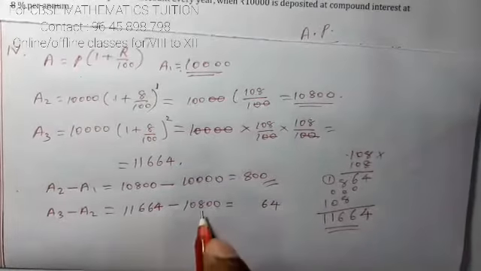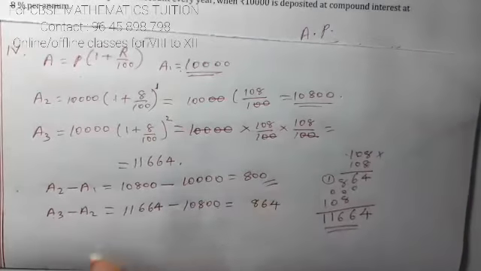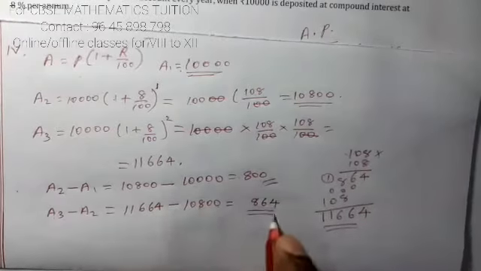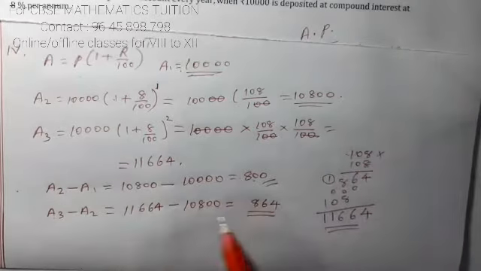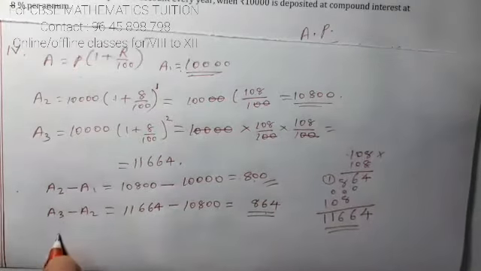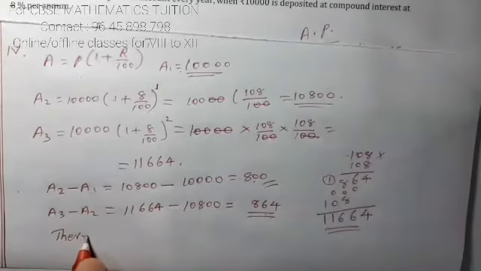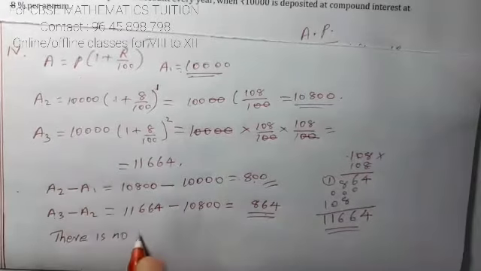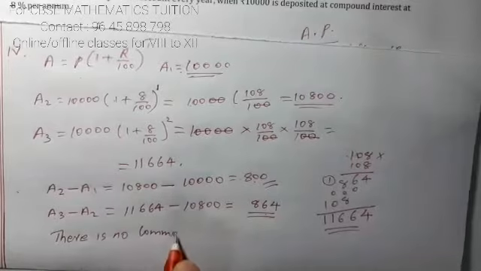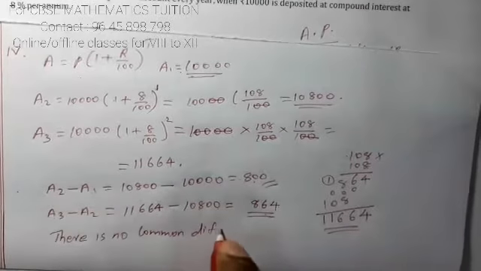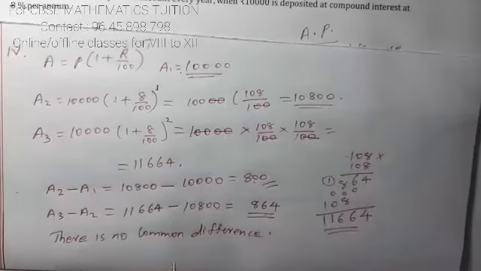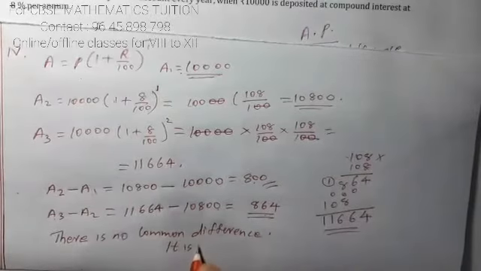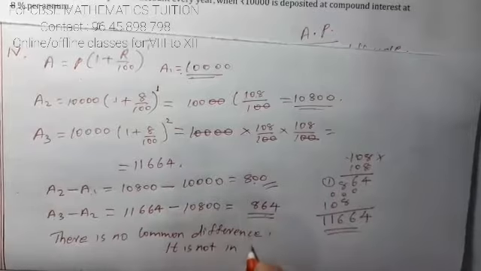Now here 16 minus 8 is equal to 8, and 1 minus 1 is 0. So 864. The previous difference was 800, now it is 864. So there is no common difference. The difference is not common. Therefore it is not in arithmetic progression.